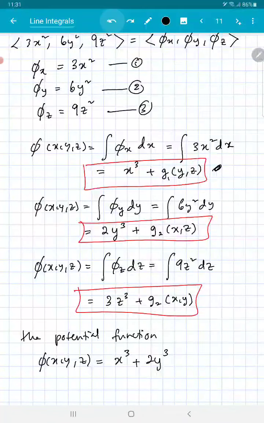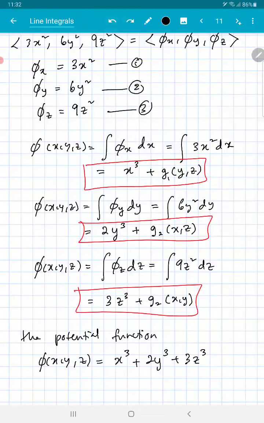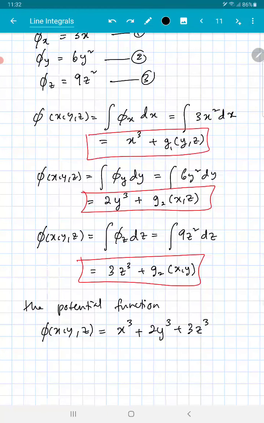And we have 3z cubed. We don't have 3z cubed in the first one, but it is embedded in function g1, and it is not in the second equation, but it is embedded in function g2. So what you do is you just put all the terms together only once. Okay, so this is our potential function. So that is part 2.